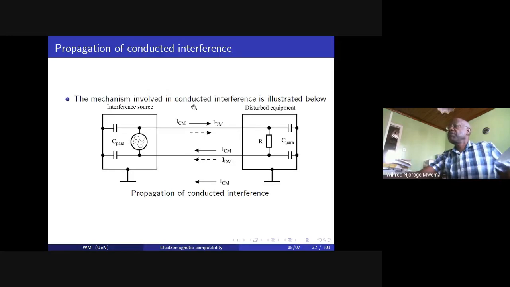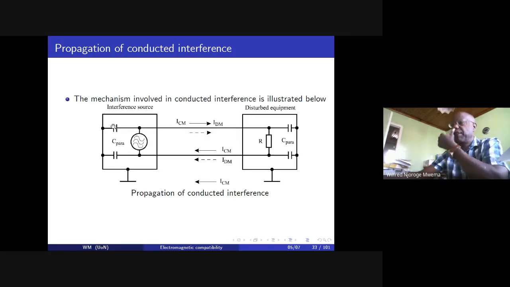The mechanism involved in conducted interference is as shown below. We have the wires, usually having a screen which is grounded. Such a screen would be a conducting plate or box, usually called a Faraday cage.